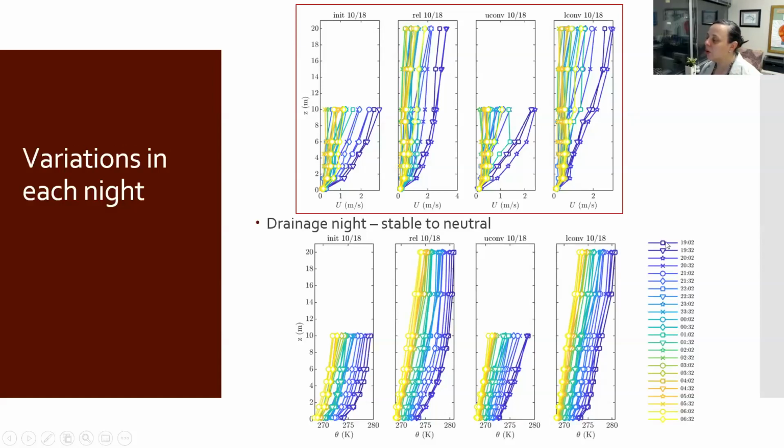And as we go from dark blue to yellow, dark blue is just after sunset, yellow just before sunrise. So as we go later into the night, we move from more stable to neutral and a decrease in wind speed.